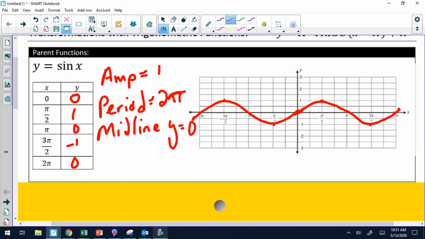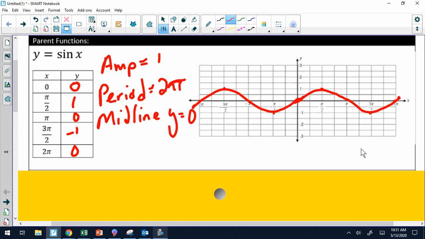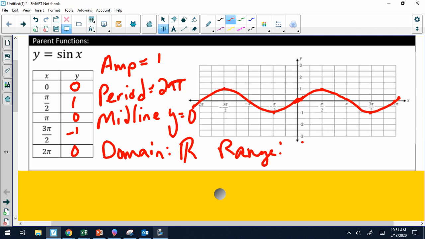The x-axis is my midline. What am I missing? I've got amplitude, I've got period, I've got midline, and that's it, right? I feel like I'm missing one of my key features. Oh, domain, all real numbers, range from negative 1 to 1. We might as well write it. Domain is all real numbers, and range goes from negative 1 to 1.